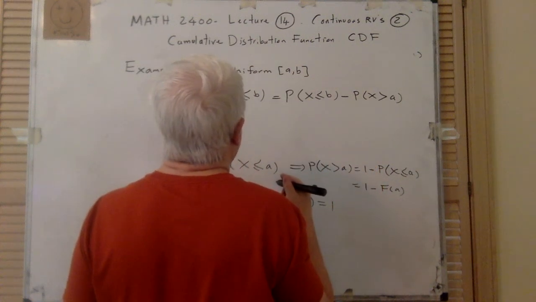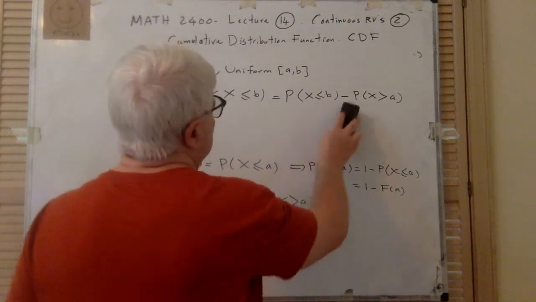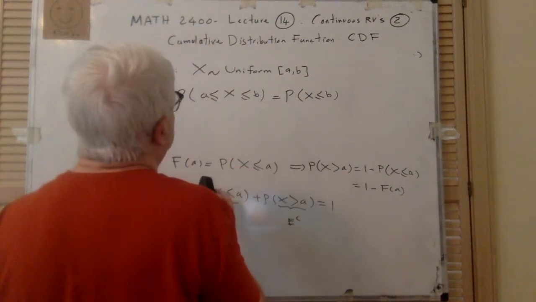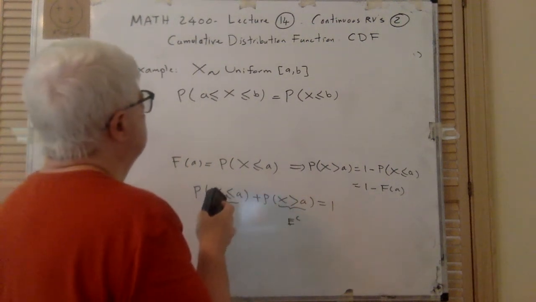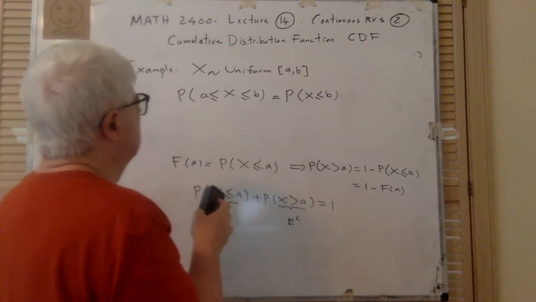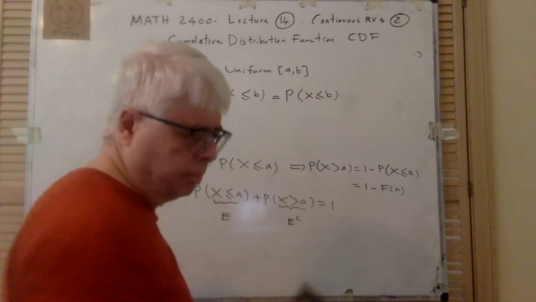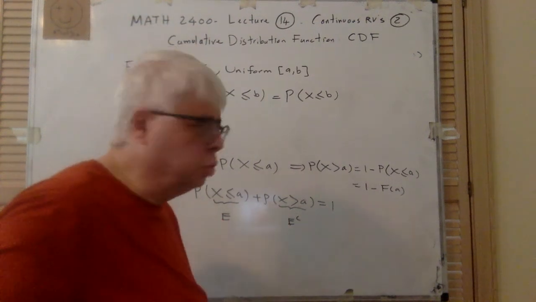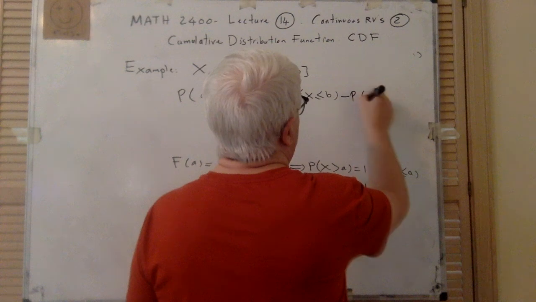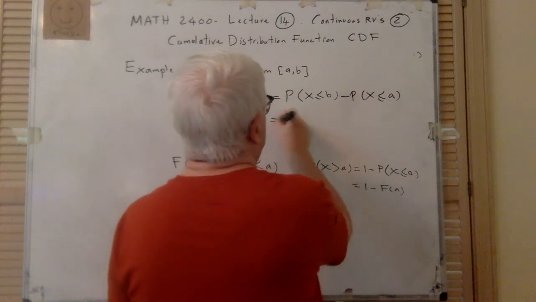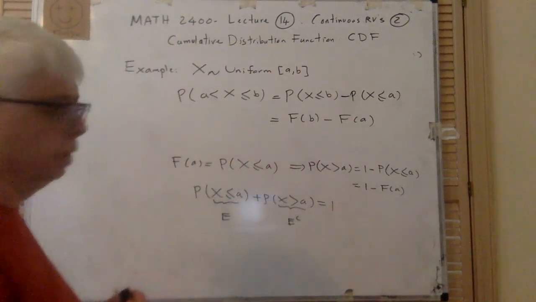Let me see, let's see which one was, yeah, that was correct. So that is F(b) minus F(a). Great stuff.